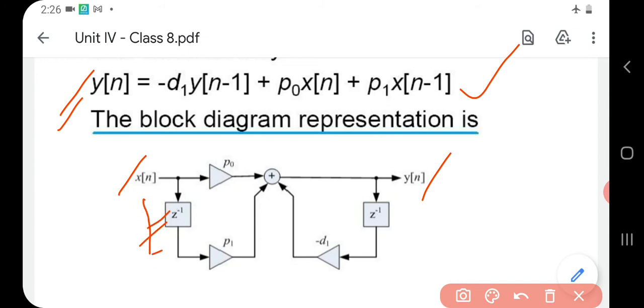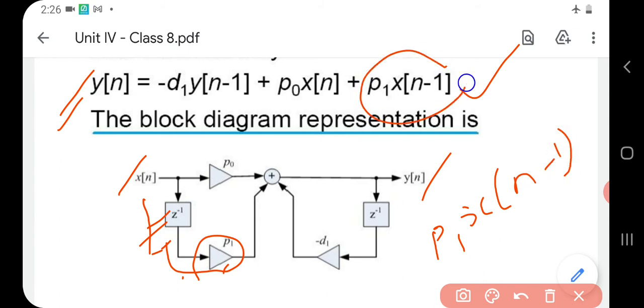It is the delay operation, so the output will be x of n minus 1. Then it passes through a multiplier. So x of n minus 1 is multiplied with a constant, say p1, and we obtain the term p1 into x of n minus 1.